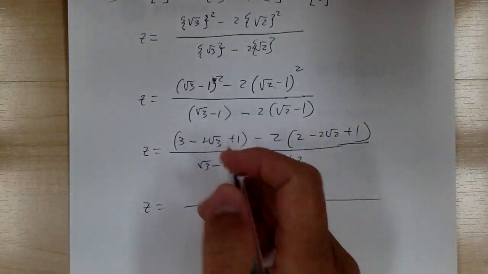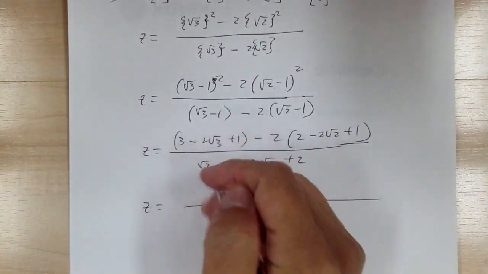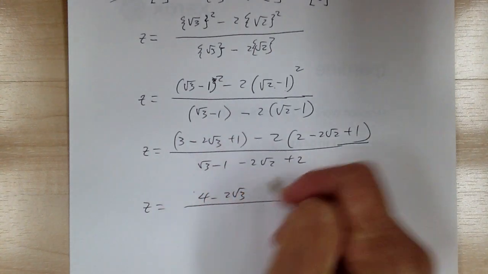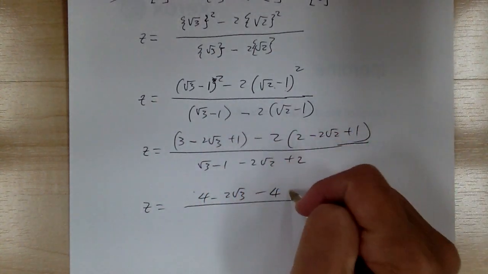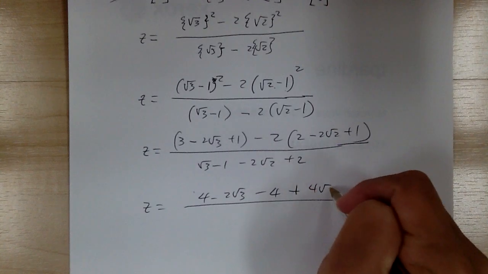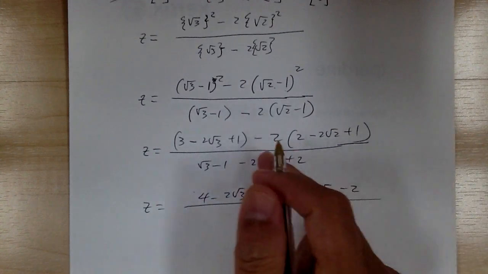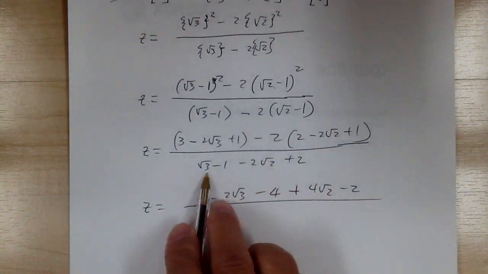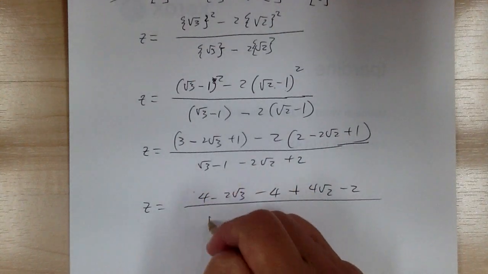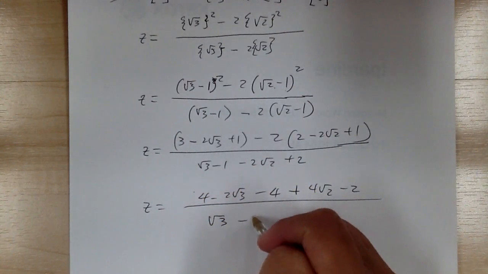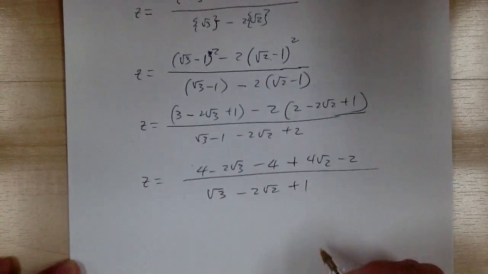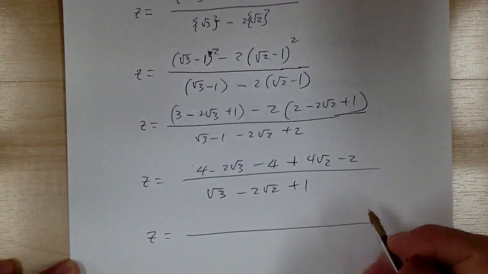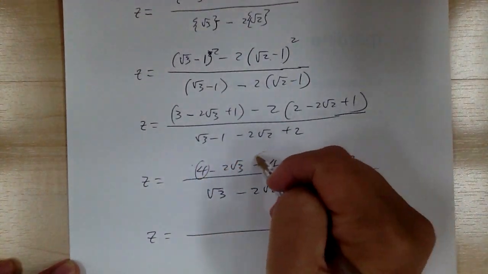So this one will give you 4 minus 2 square root of 3. This one will be minus 4 plus 4 square root of 2 minus 2. On the bottom, this can combine, so you have square root of 3 minus 2 square root of 2 plus 1. Okay, so this and this cancel out.